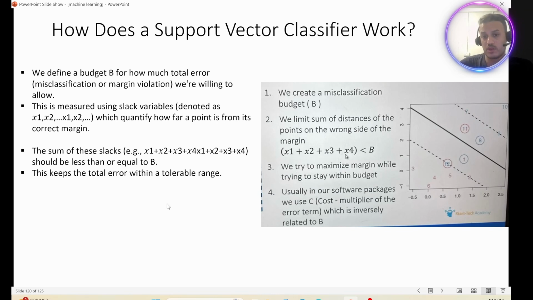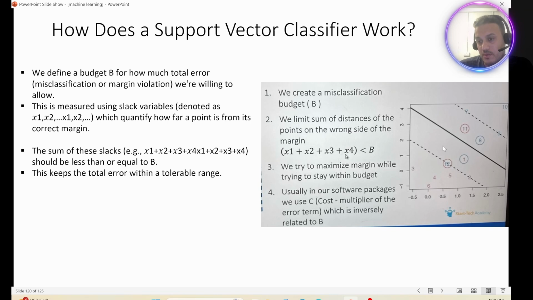So how does this work? We create a misclassification budget, called B, and B is how much total error we are willing to allow. We know where there is misclassification, but we allow it, and we determine that with B. Then the slack is the distance of how far a point is from its correct margin.